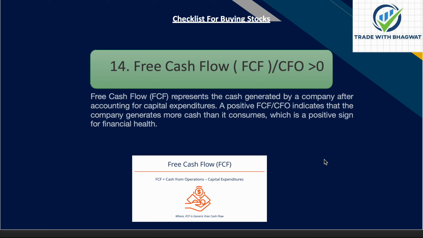Wow, this one always scares me, the free cash flow. Before starting with free cash flow, let me tell you, free cash flow has two different versions: free cash flow to firm and free cash flow to equity. When we talk about the firm, we are talking about a company that has a mix of both debt and equity.